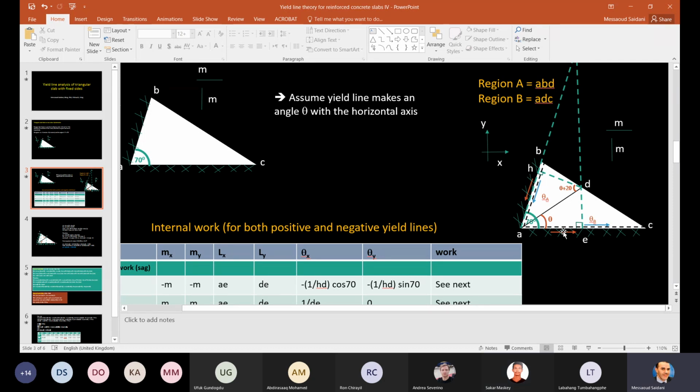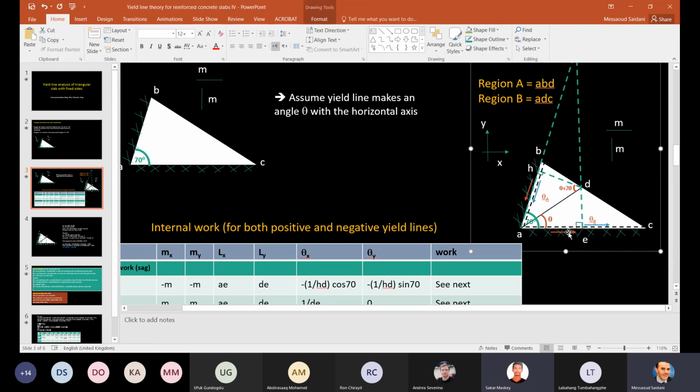If you use your right hand for the moment, in the right direction, because it's hogging, remember it's not sagging, then your thumb will give you that direction. I have no problem with the hogging direction. What I mean is the direction of rotation for hogging is different from that of sagging, isn't it? Rotation, theta. No, the theta is the same.